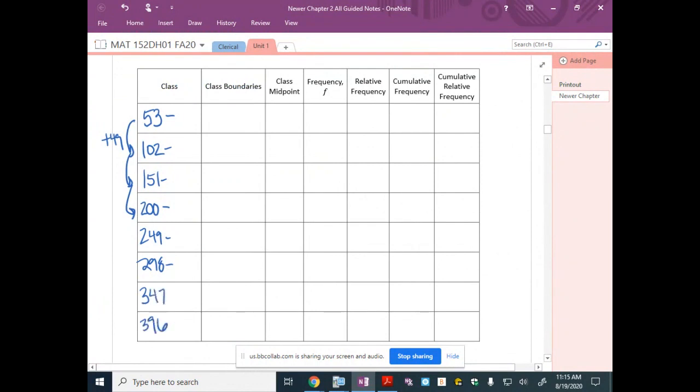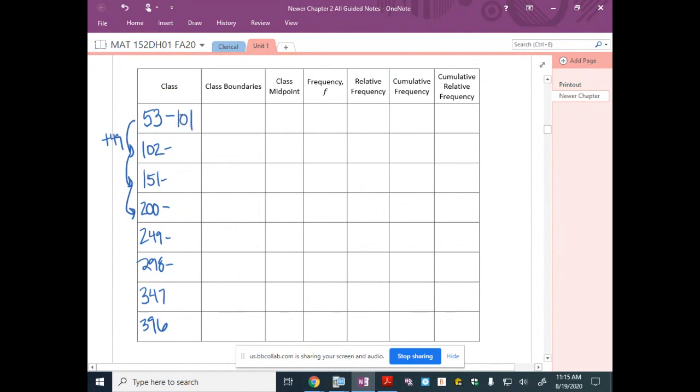Now, it's going to happen to one of you, and I'm not going to jeer you or insult you when it does, but there's a chance you could have done 48. Now, here's the thing. So this goes from 53 to 101.